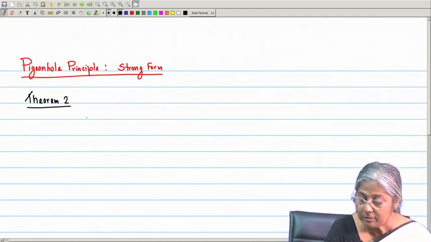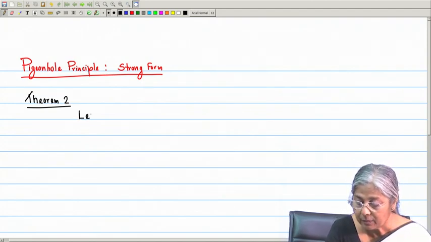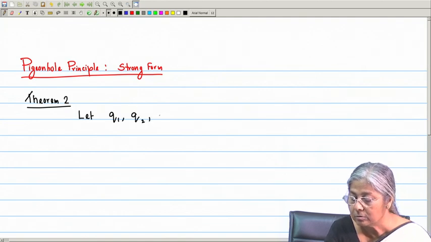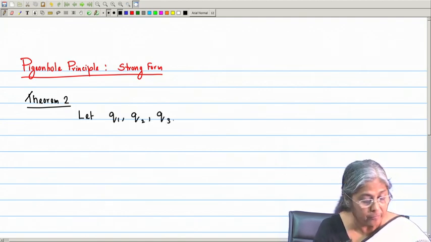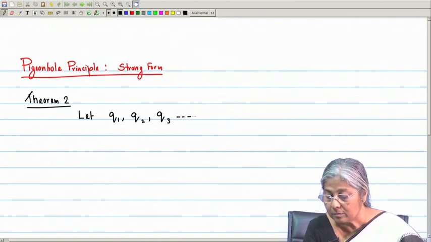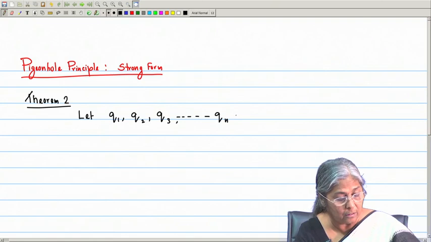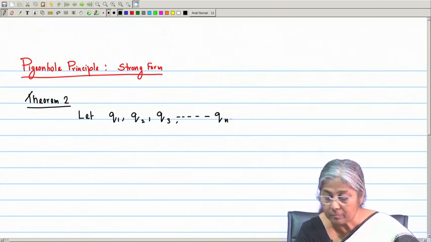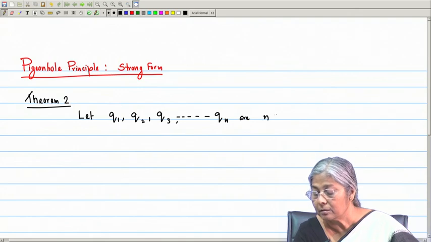So, I write: let q1, q2, q3 and qn be n positive integers.